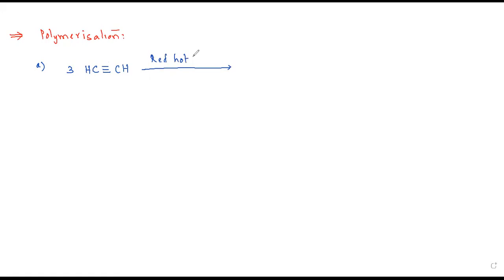Or simply when acetylene is passed through red hot copper or iron tube, it undergoes cyclic polymerization to form benzene.